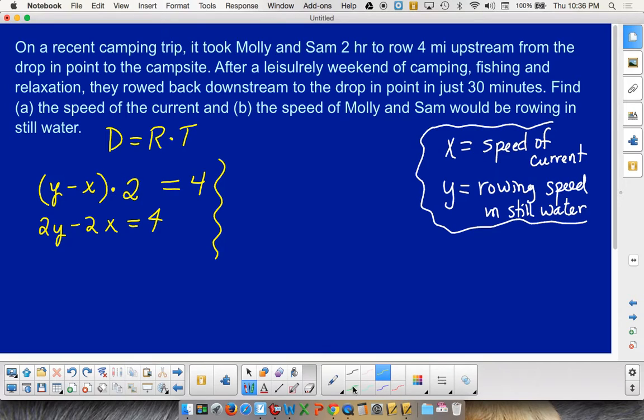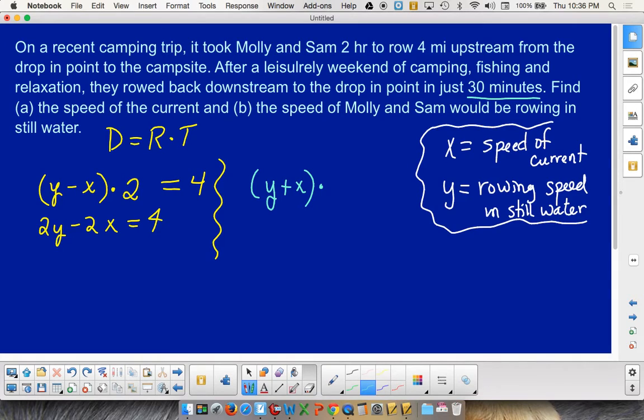Okay, equation number 2. Downstream. So now, how fast are they going when they go downstream? Well, after you've done this one, downstream ought to be pretty easy. Yes, their speed is y plus x this time. They're getting faster. Now, how much time did they spend going downstream? It told us they went down in just 30 minutes. So should I take this thing times 30?